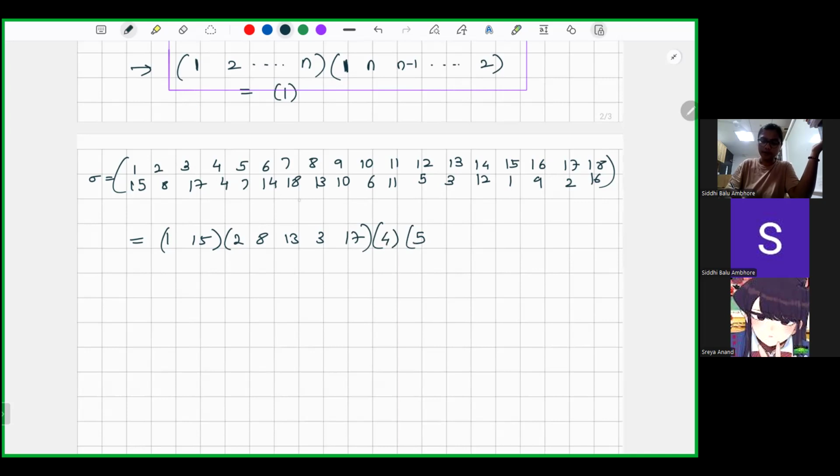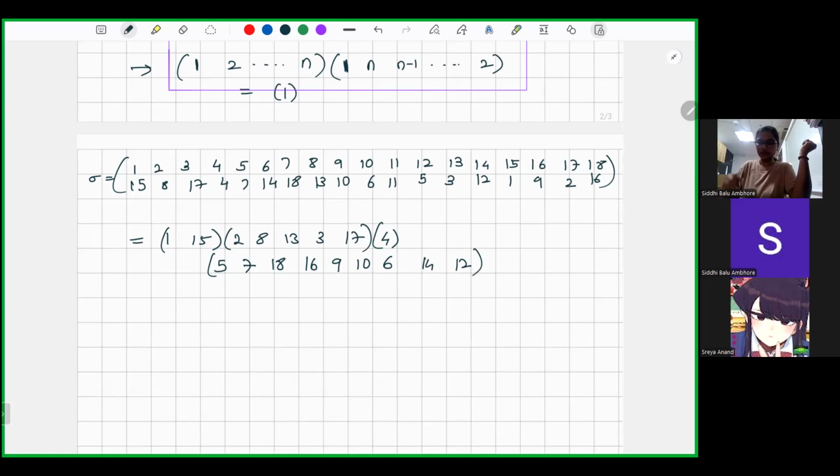Now 5 goes to 7. 7 is going to 18. 18 is going to 16. 16 going to 9. 9 goes to 10. 10 goes to 6. Okay, maybe we'll write this below. 6 goes to 14. 14 goes to 12. 12 is going to 5 again.